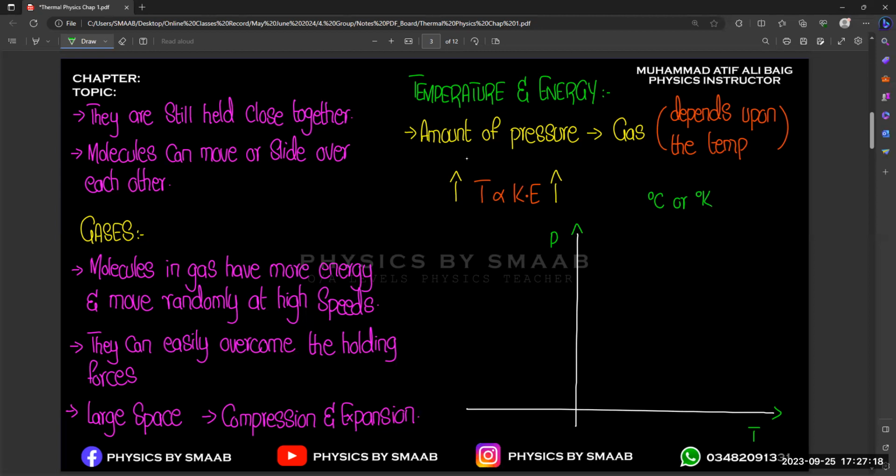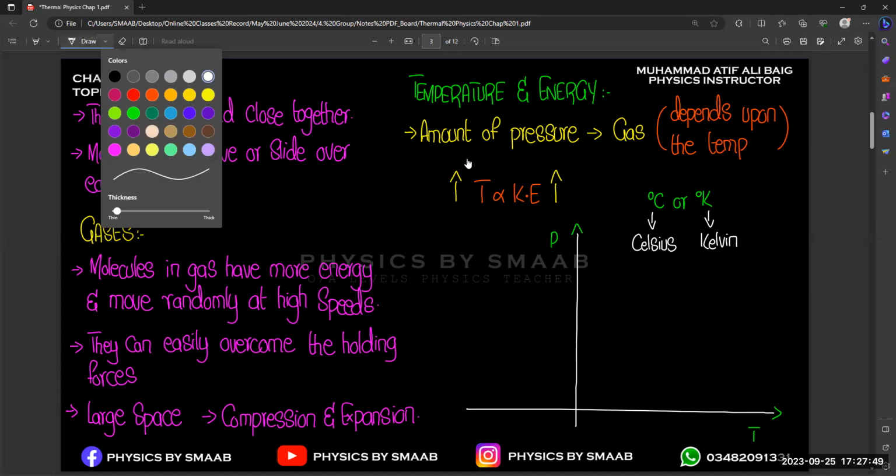So there are two different scales on which we work in temperature. This is the normal one, Celsius, that we use in our daily life. And this is the Kelvin, which is used for the case of ideal gases, when we are working with gases or some ideal situation in the thermal section. Then we have to convert our temperature from Celsius into Kelvin.